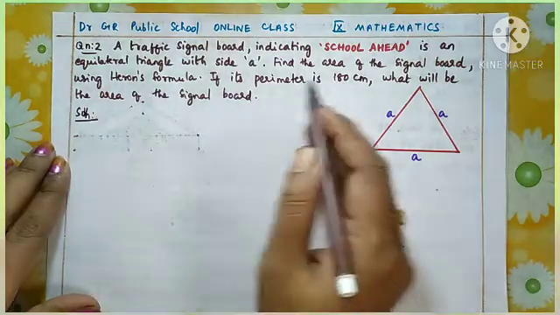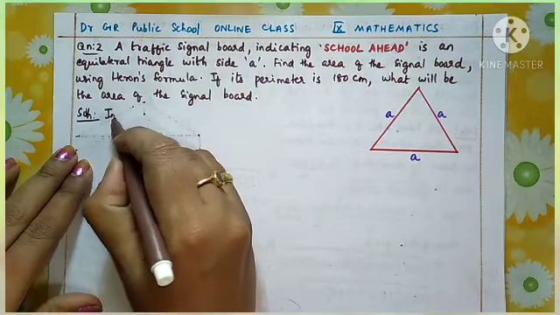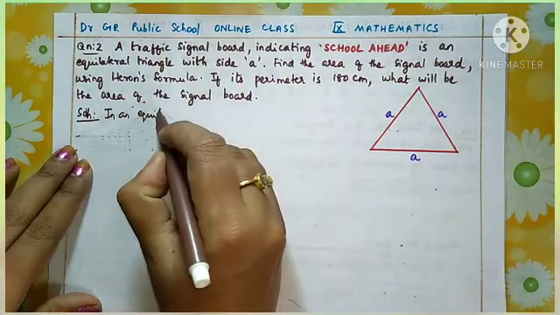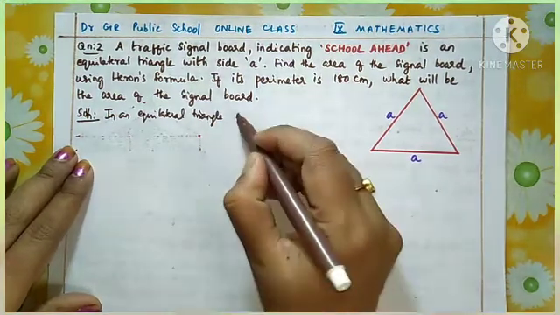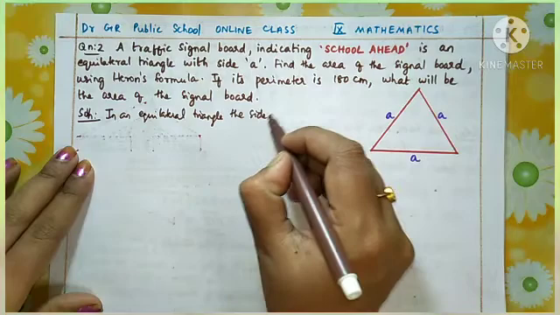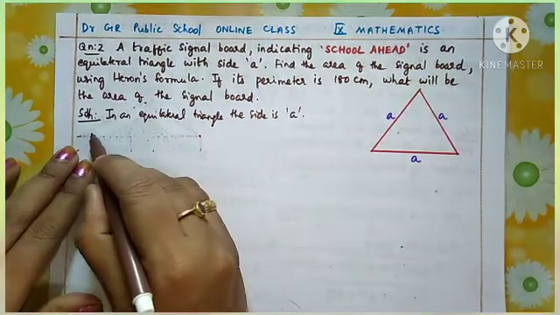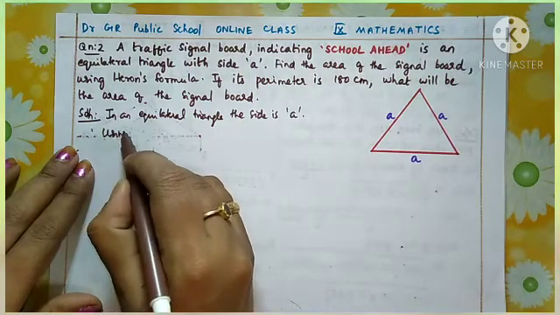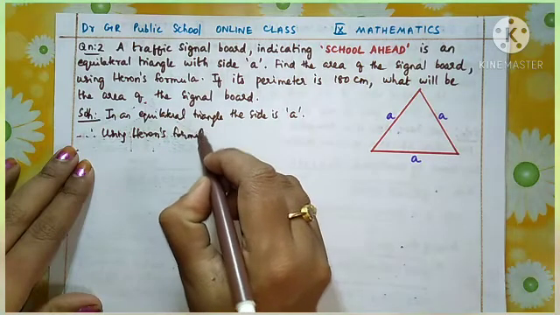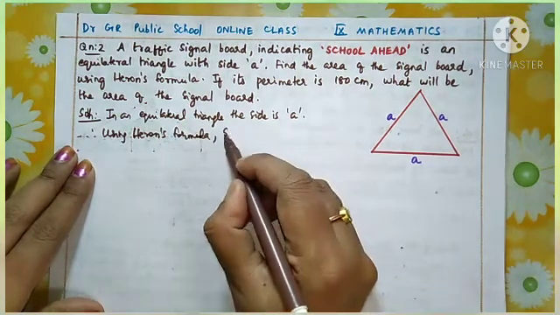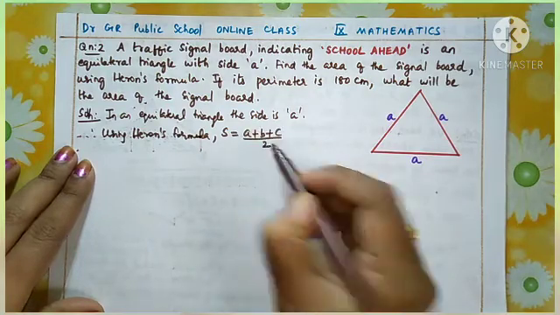Yes, so first we can write all the given data. In an equilateral triangle, the side is given as A. Therefore, using Heron's formula, we want to find first the value of S. We know the formula of S is A plus B plus C the whole divided by 2.